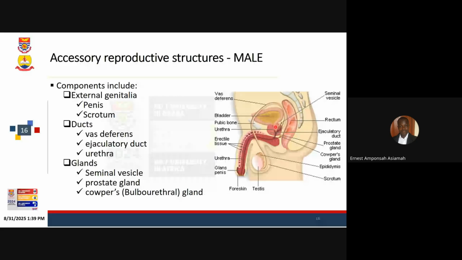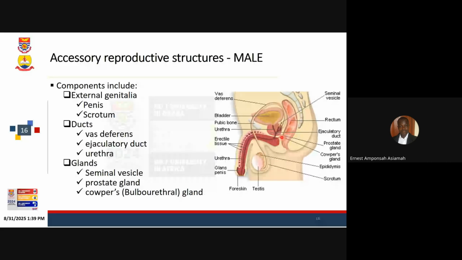Then we have the ejaculatory duct, a small duct which is situated below the urinary bladder. Then we also have the urethra, a duct that will pass through the penis. These are the three main ducts that I'll mention.